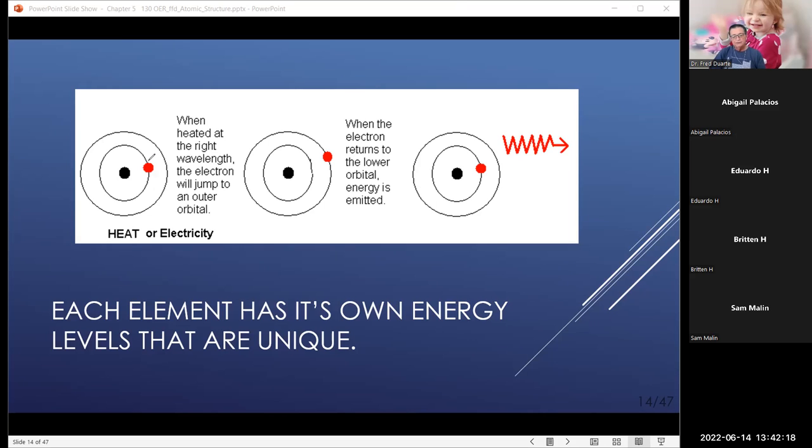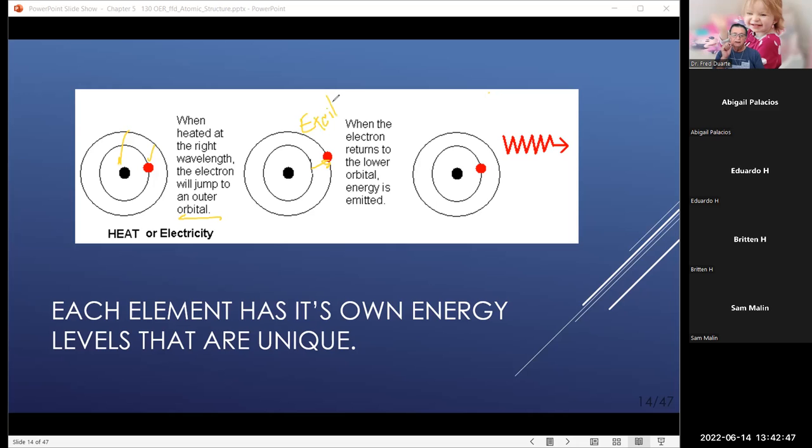And so this here depicts what I'm talking about. Let me change the color here. We've got the nucleus here, and we've got some electron in some orbit, okay? We put energy into the system, either we heat it up or we hit it with some electricity. What's happening here is that the electron that exists in whatever energy level it's at is kicked up to the next energy level, which is the excited state, okay?